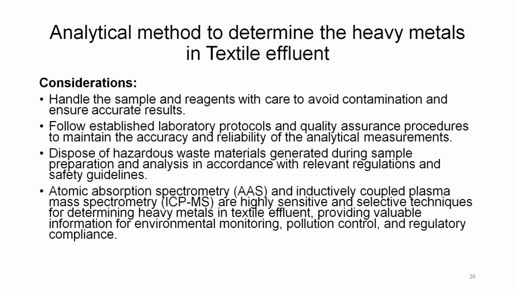And let me tell you that between the two, ICP-MS can analyze many more metal ions from the same sample in a much shorter time, and so it is very cost effective, although the plasma is generated from argon gas, which is a little expensive. In the case of AAS, we have to change the hollow cathode lamp every time, and only one metal can be analyzed at a time.